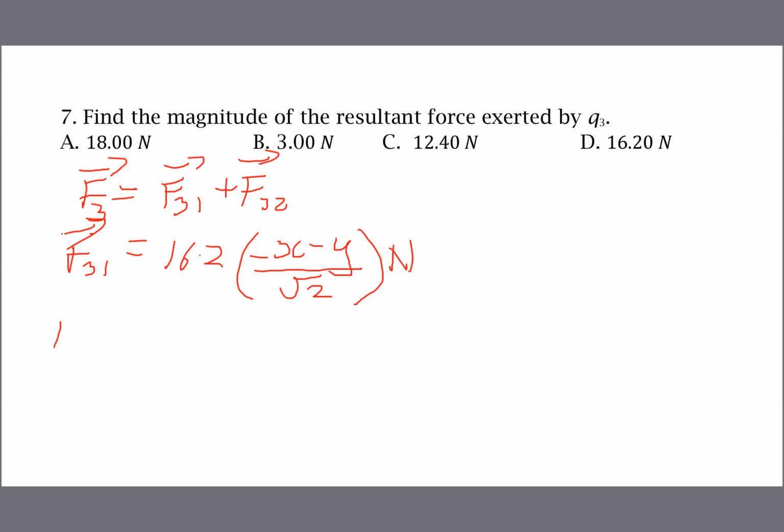Our F32 is also equal to 16.2 times R32, and our R32 here is x caret. Now we are interested in adding up F31 and F32, and by doing a careful addition, we should have our F3.